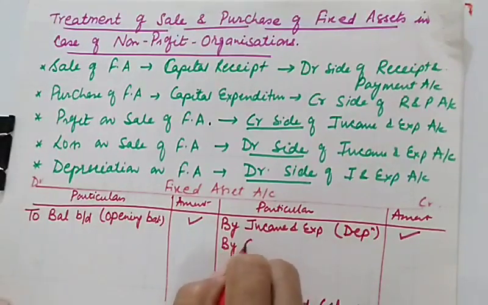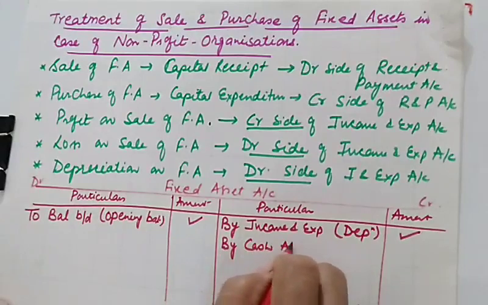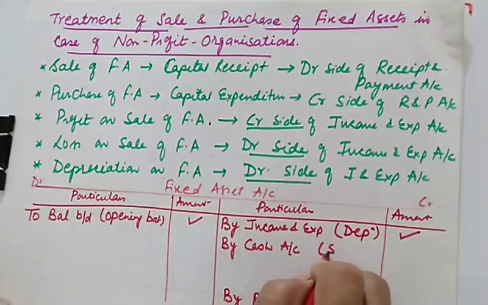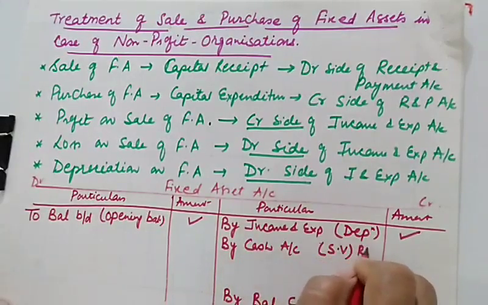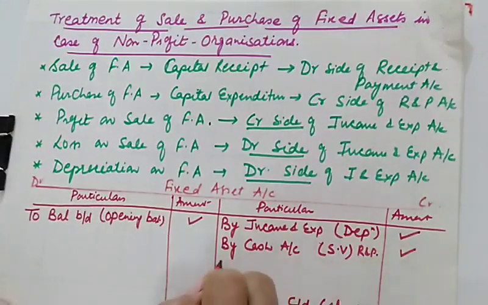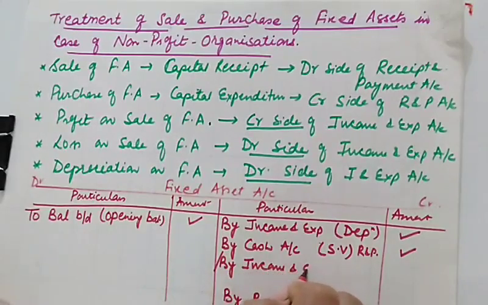And if it is sold, then by cash account with the sale value through the receipt and payment account. And if there is some loss, it will be recorded here through income and expenditure account, and in the bracket you can mention loss on sale of asset.